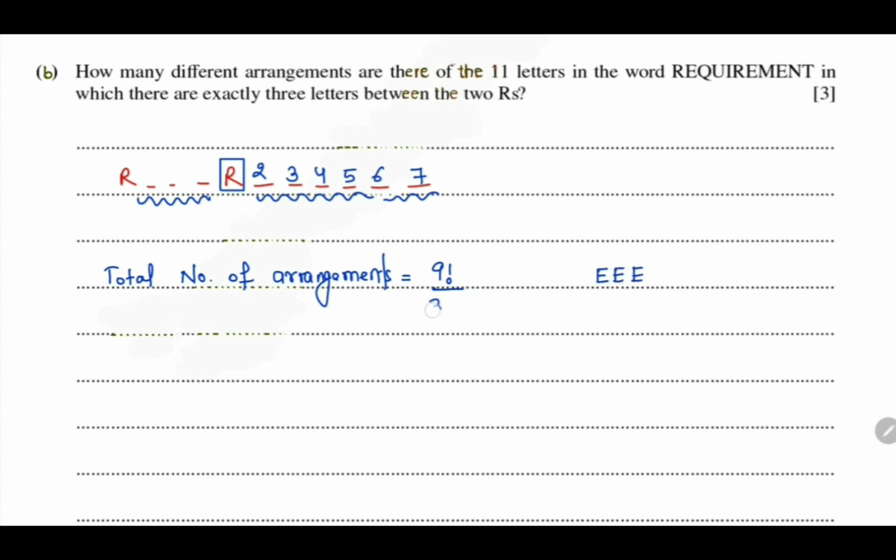And this will be multiplied by 7, because RR can be placed in 7 different ways. So this is the total number of arrangements. Let's move to the next question.